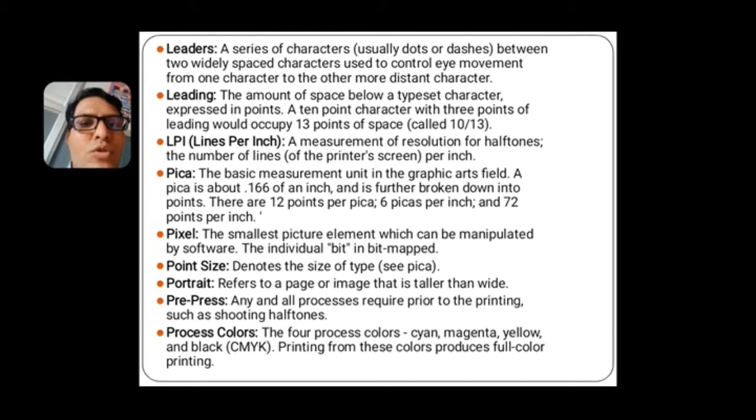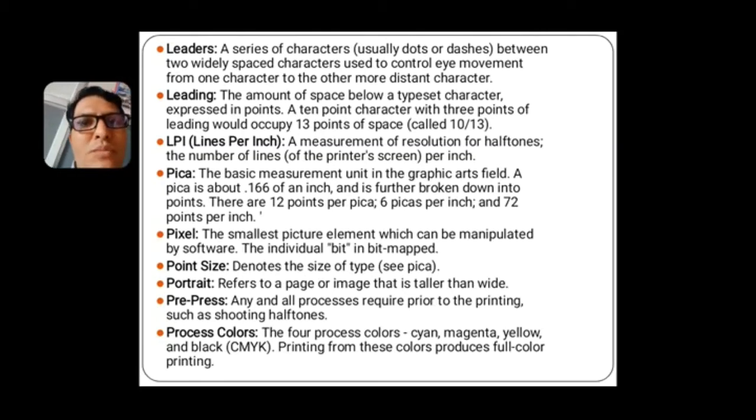And next one is the process colors. Let us see what are the process colors. As we are familiar with these colors, we are going to explain these process colors. The 4 process colors, CMYK, right? So C stands for cyan, M stands for magenta, Y stands for yellow, and K for black. These are the primary colors for every image.